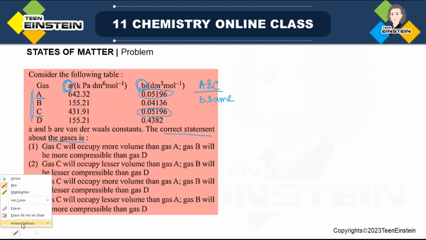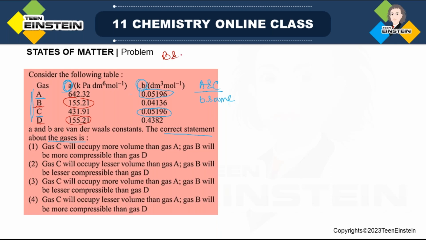Similarly, if you consider the other two gases, B and D, the value of small a is the same, but b is different. And for A and C, b is the same, but a is different. From this information, you have to find the correct option.